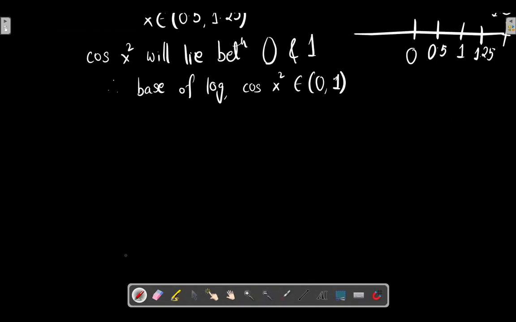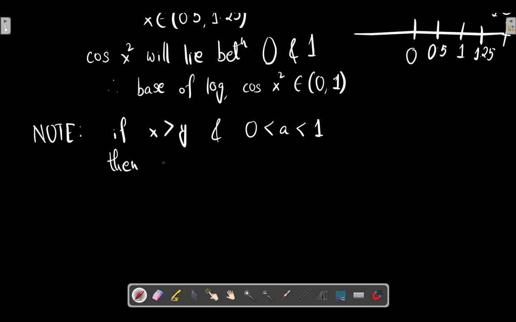So another point, this is a note, this is separate. If x and y are say natural numbers and x is greater than y, and say a is another number that lies between 0 and 1, then logarithm of x to the base a is always less than logarithm of y base a. This changes. Logarithm is an increasing function after 1, right?